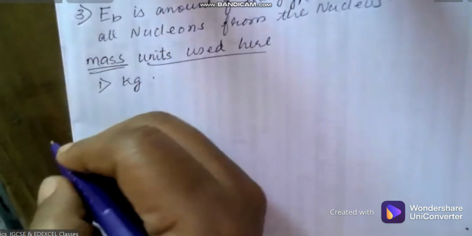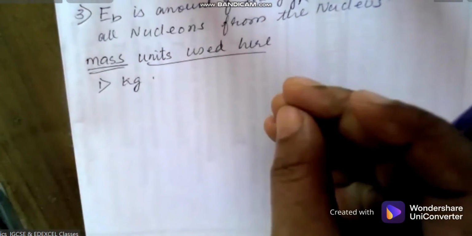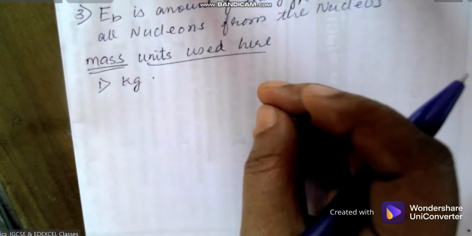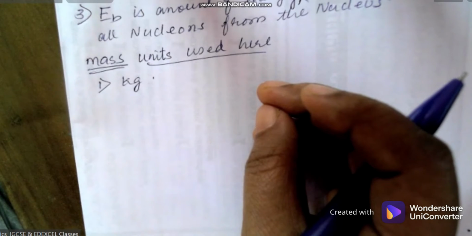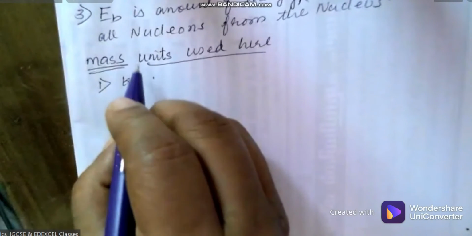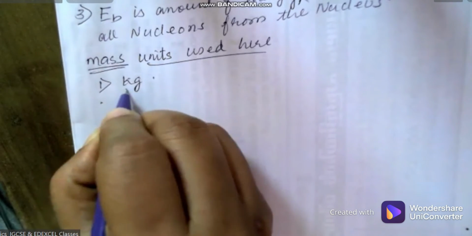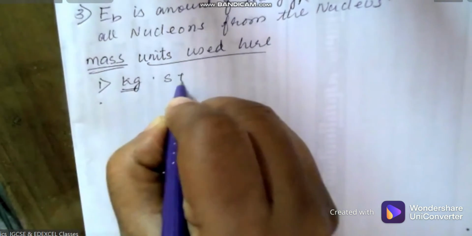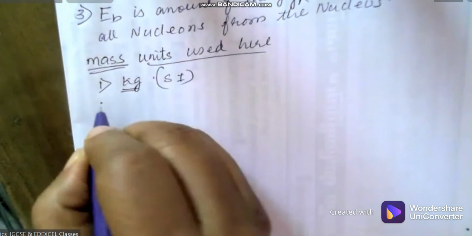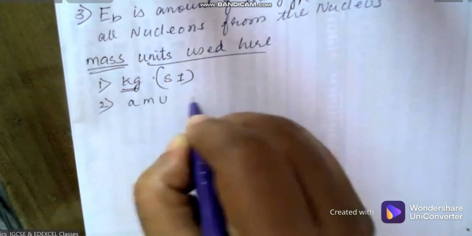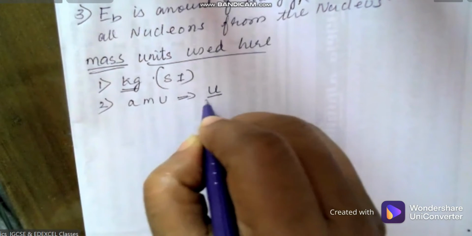Another mass unit, especially whenever you do this calculation, since these masses are too tiny compared to the kilogram: the SI unit is kilogram. Another common unit is atomic mass unit, which is u, unified atomic mass.